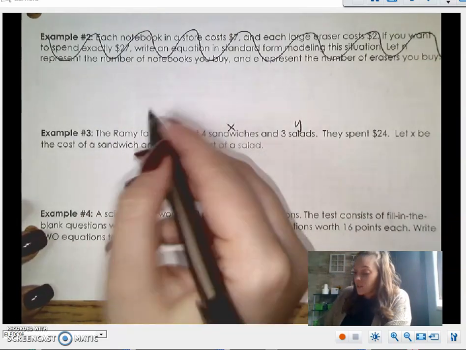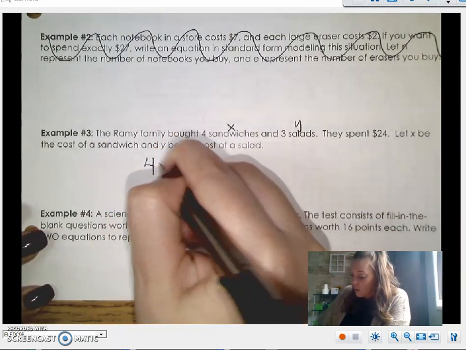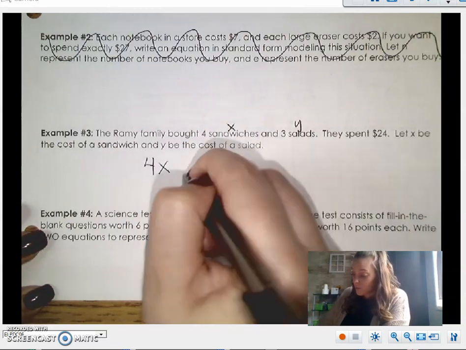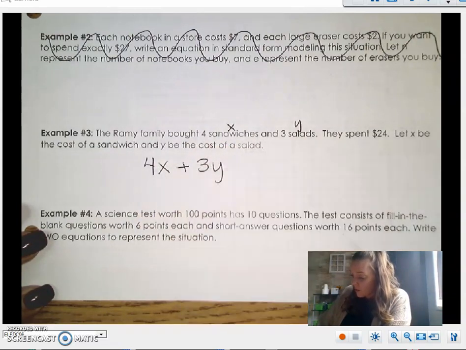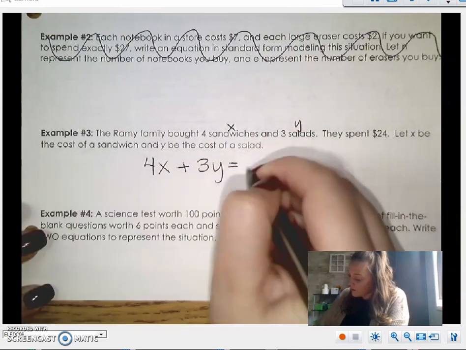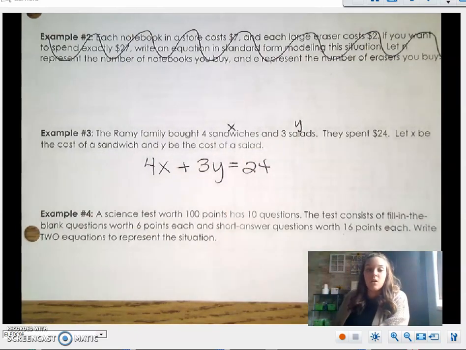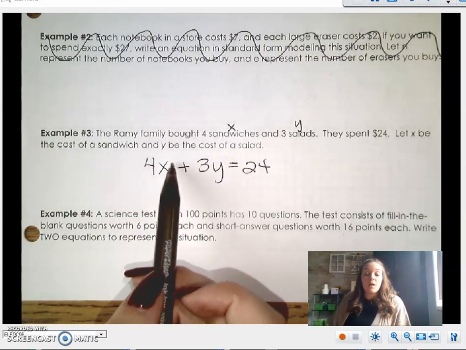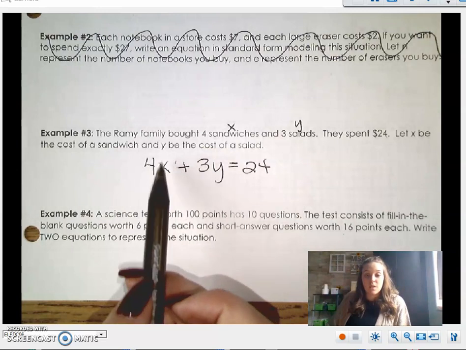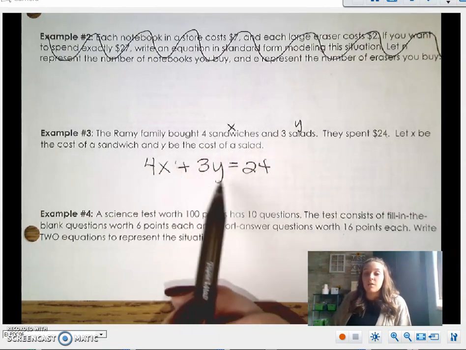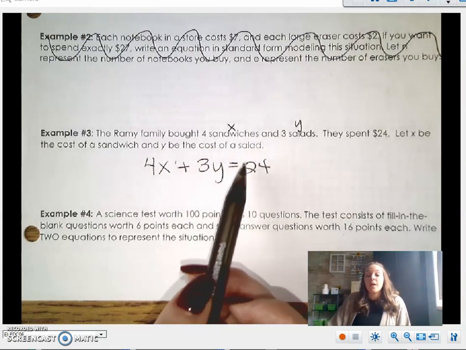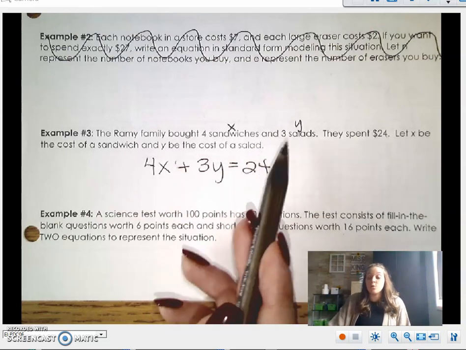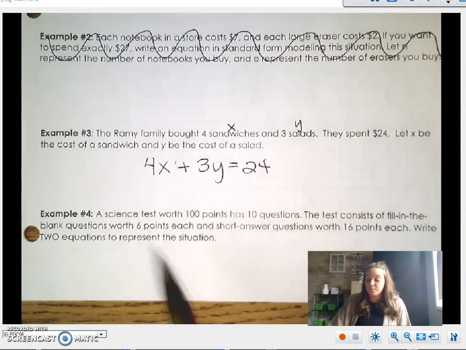So to write this, I would have 4 for sandwiches plus 3 salads equals they spent exactly $24. So the price of the sandwich is represented by x, the price of the salad is represented by y, and it has to be equal to $24. They told me that in the problem.